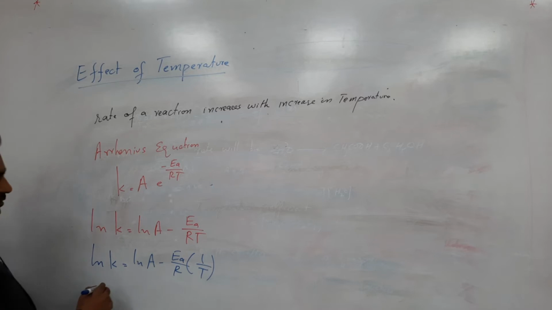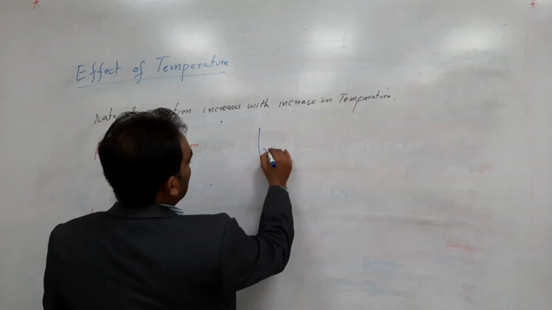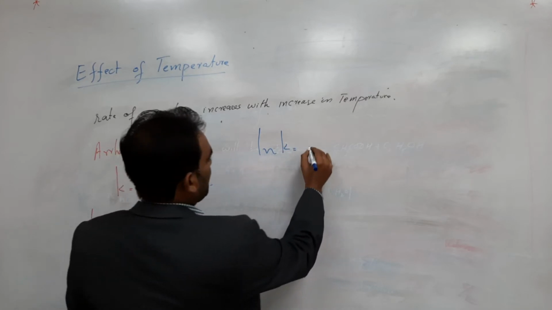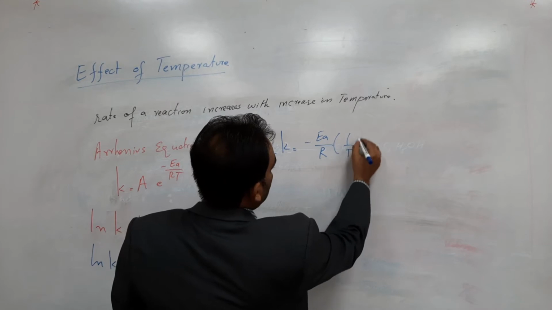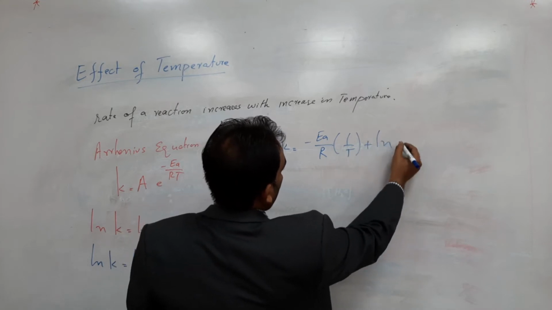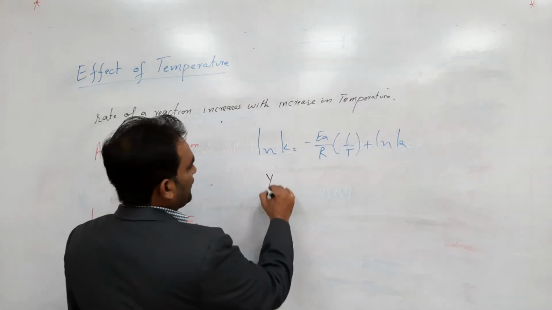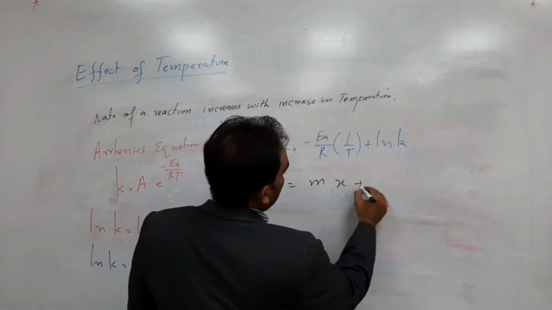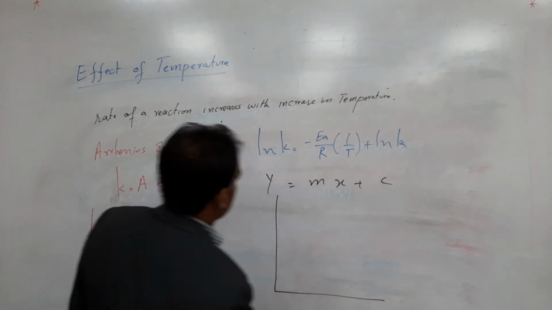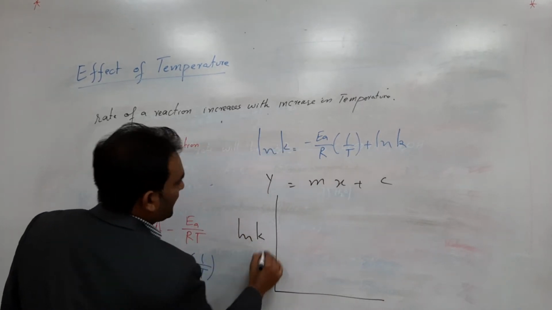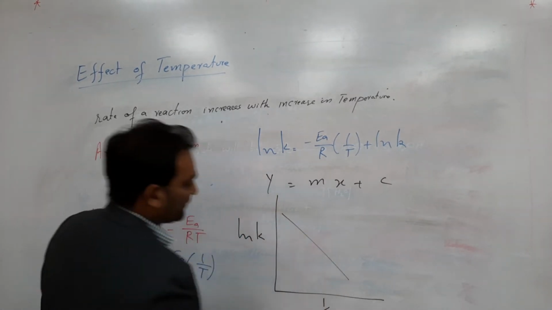Now this is some sort of equation of a straight line. This equation can also be written as natural log of K equals minus E A over R times 1 over T plus natural log of A. By comparing this equation with the equation of a straight line, you will come up with this type of expression. Here you have natural log of K and here you have 1 over T. This will be like this.